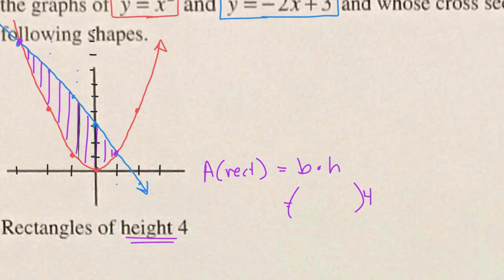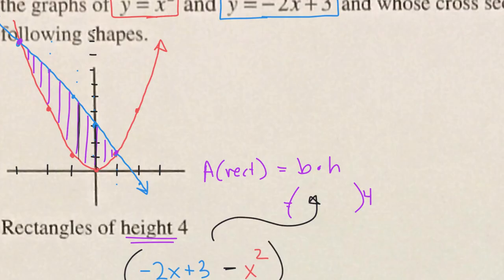That's the top function, which was negative 2x plus 3, the y value there, minus the y value of the function below it. Okay, so this is my base. That's the distance between my blue line and my red line. Right? It's the y value from the blue minus the y value from the red.